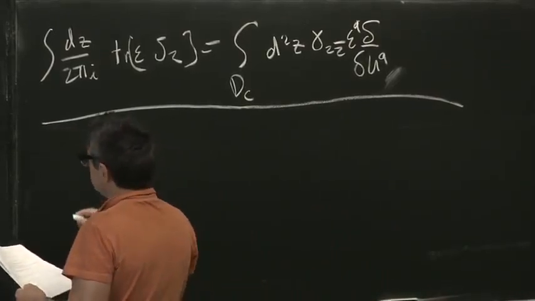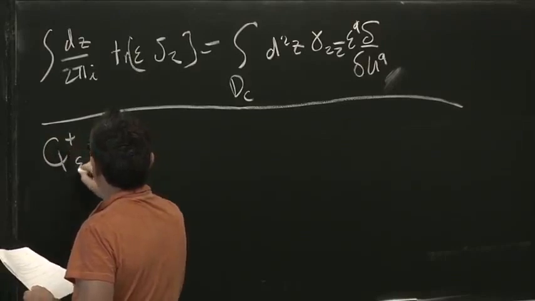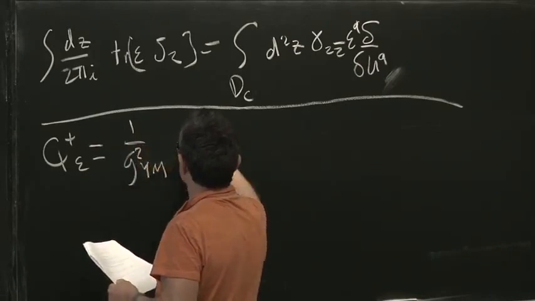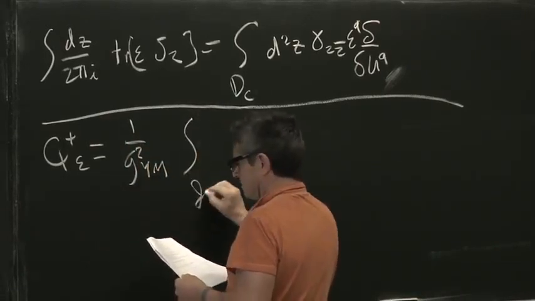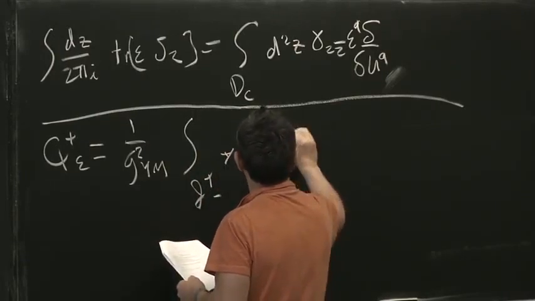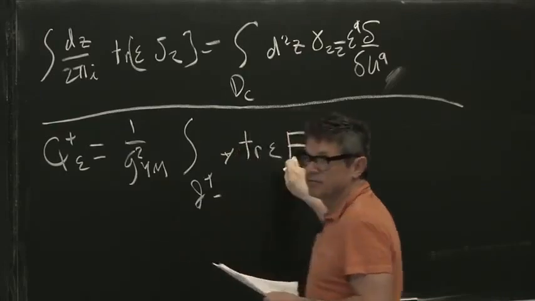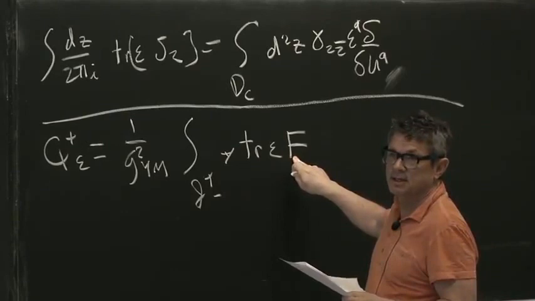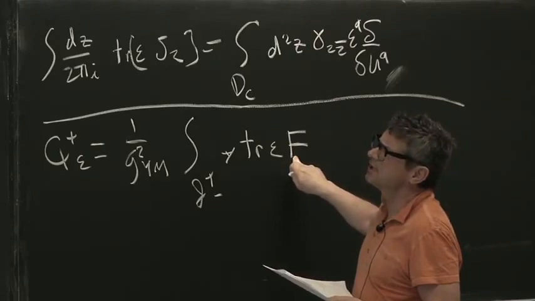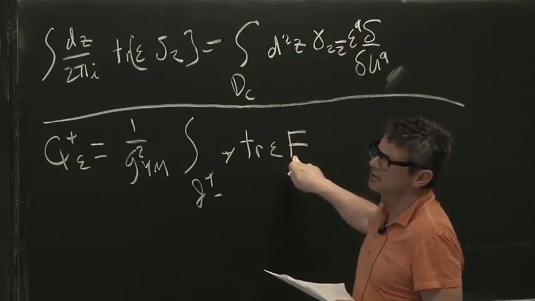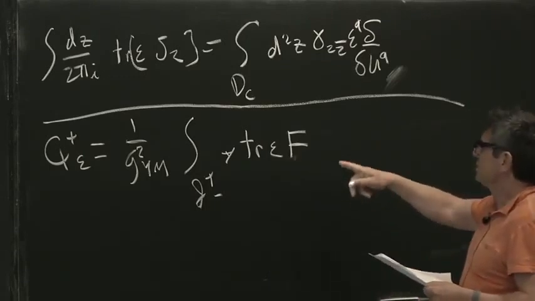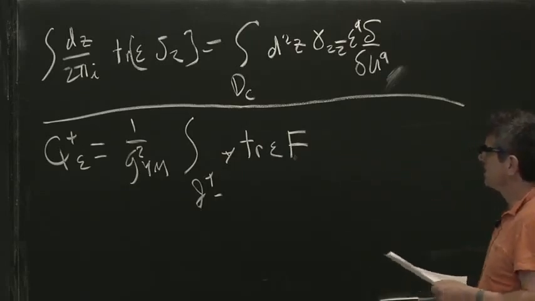We could have defined a charge Q⁺_ε equal to 1 over g² Yang-Mills, integral over scri plus minus, the dual now of trace ε F, where this is now the full non-abelian field strength, which actually, though, I think if you work out the expansion, it's just F_ur. It doesn't have any non-abelian. The leading term at large r doesn't have any. Oh, no, it has an A. It's D_u A_r plus A_u. We did that last time.